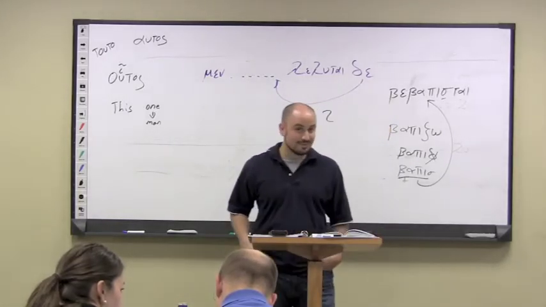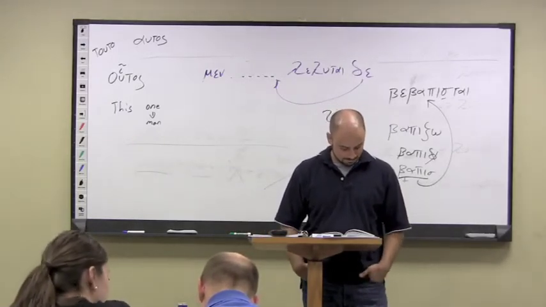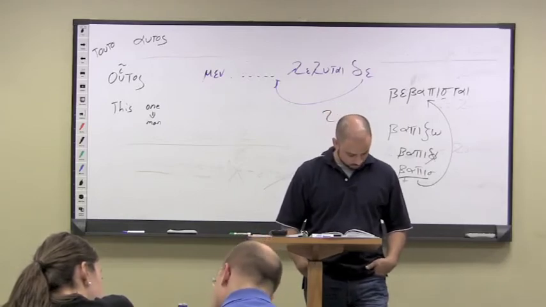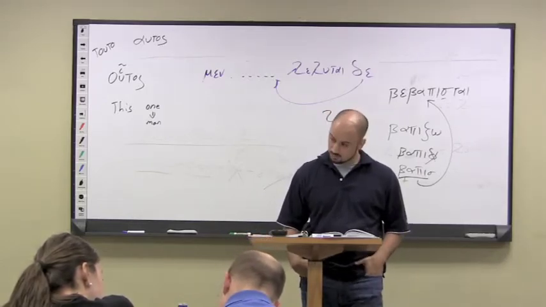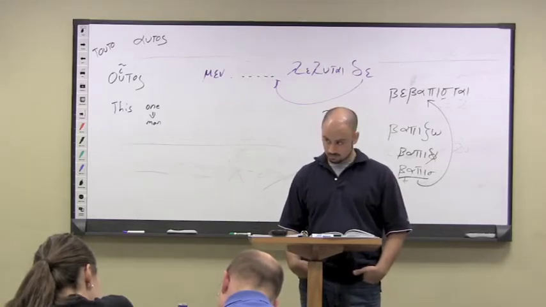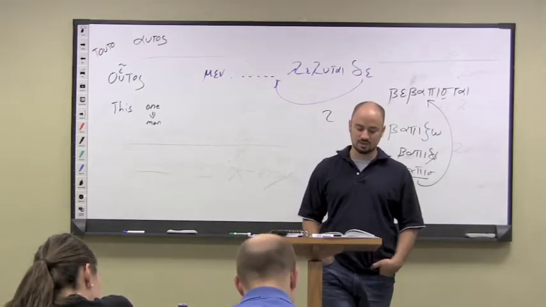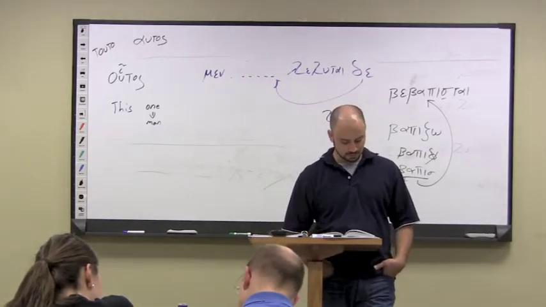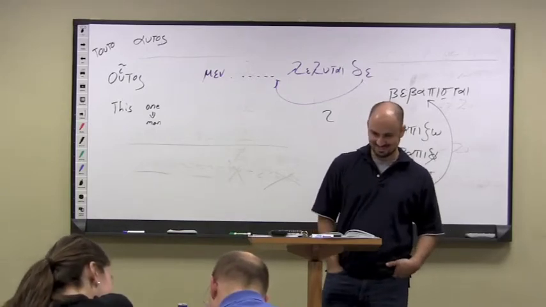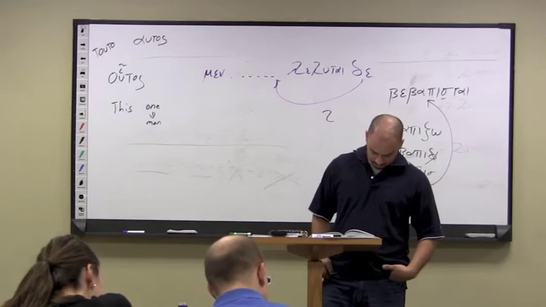Number 5. Okay, it's not lelu, it's just lu. So that tells us what tense it's in, or not in. If it's not lelu, it tells you it's not in the future. So not in the perfect. So it's either a middle or passive.